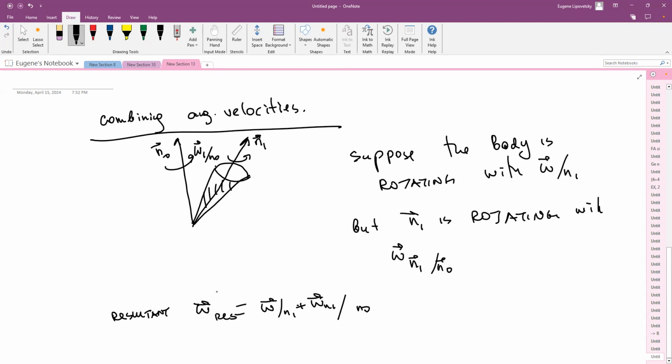That's the law of combining the angular velocities, right? Okay.